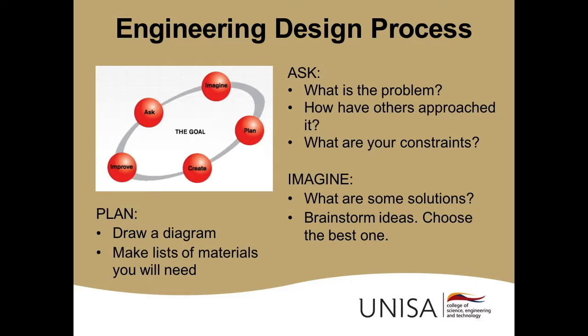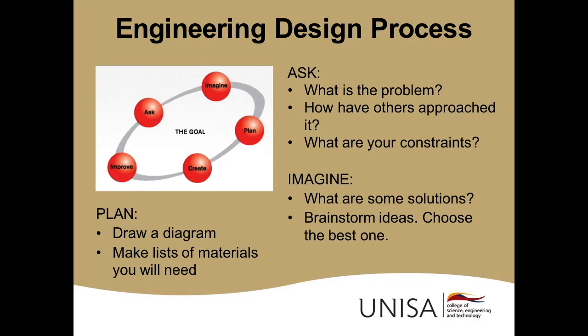In the selection process, the planning step is one of first drawing a diagram. It's always good to have a visual representation of your plan. And you also need to make a list of materials you will need. You could plan the programming steps if it's for the robot.